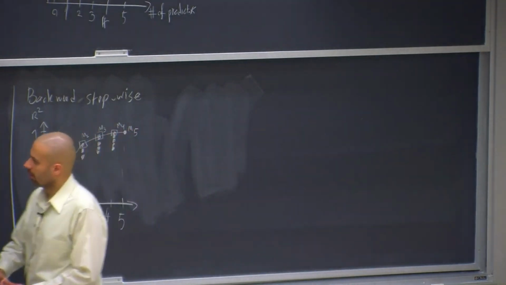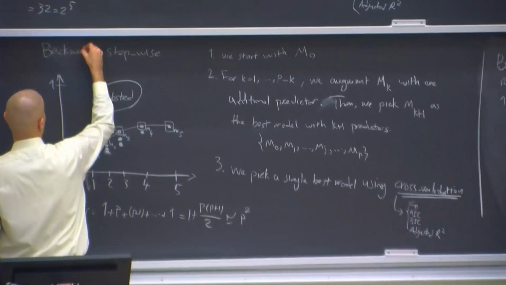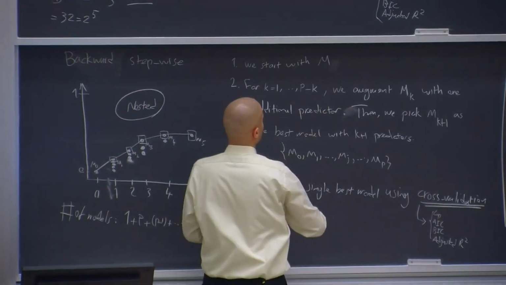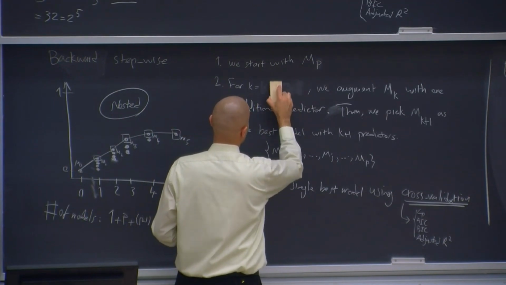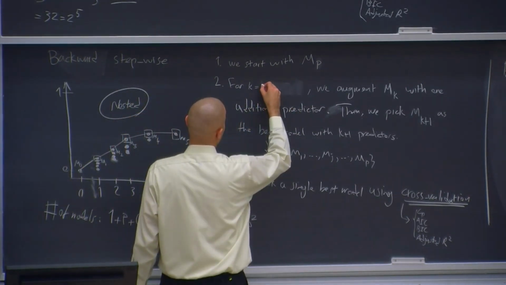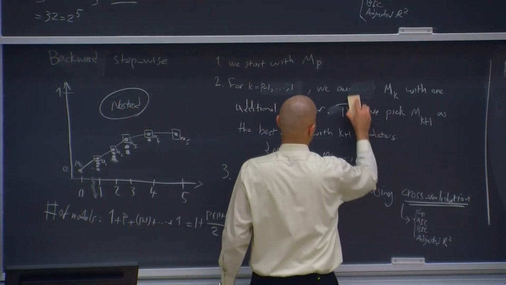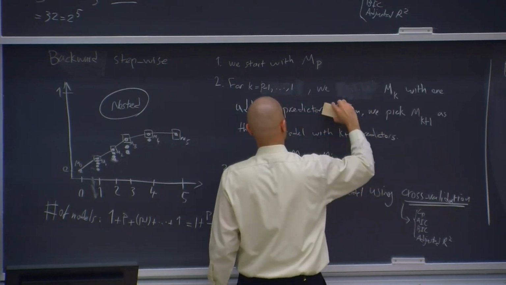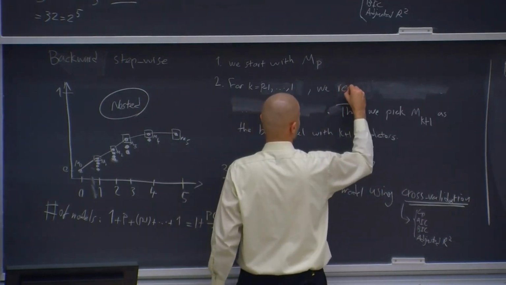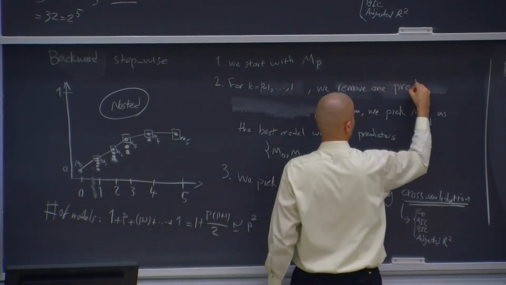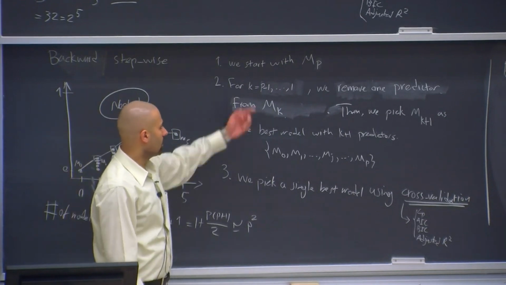So just to update the method for backward stepwise, we're going to start with M5 or MP. Then for k equals p minus 1 all the way to 1, we're going to remove one predictor from Mk.